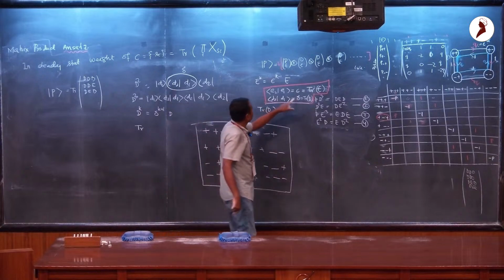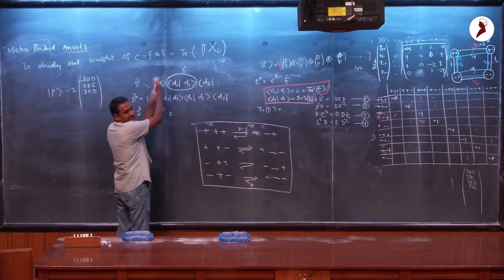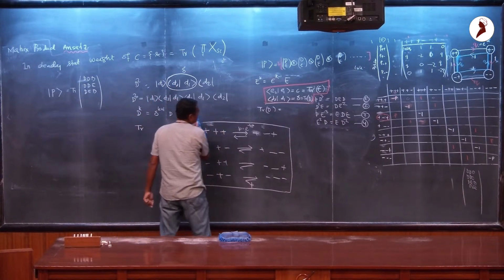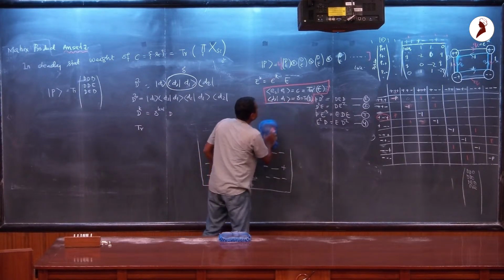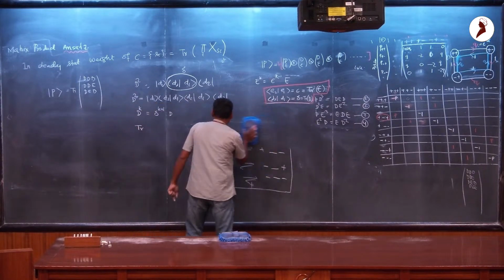Trace of D is the trace of D2, D1, D2. So that is a D2, D1. That's a scalar. Convince yourself, I'm not going to do that. Trace of E. So this is like trace of AB equal to trace of BA. That's the same way even the vectors work.